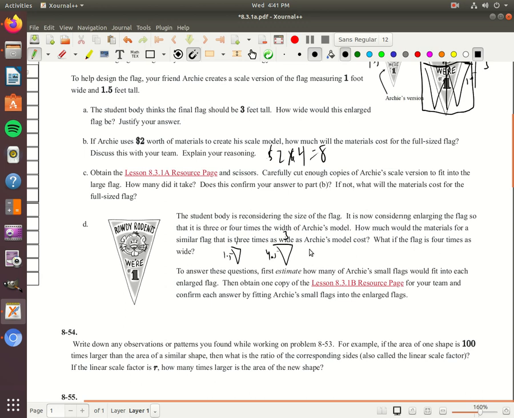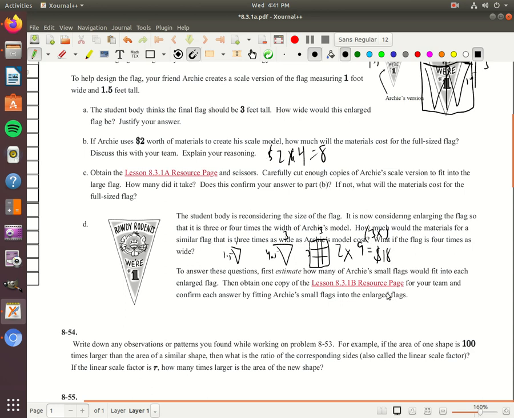And if you think about it, now when I break this up, I'm making it 3 times wider, I'm making it 3 times taller, so I'm actually making it 9 times bigger. So if I did the 3 times, I'm actually going to have to spend $18, and that's the 3 times bigger.